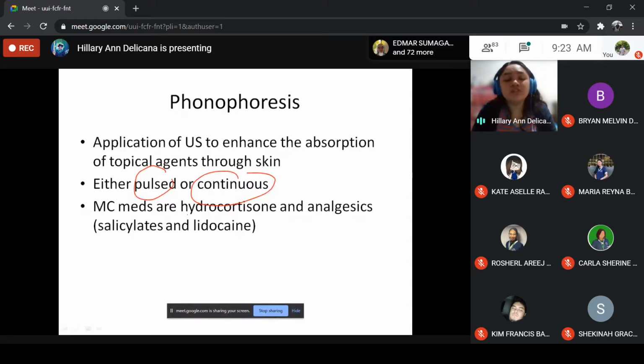The most commonly used meds are hydrocortisone and some analgesics such as salicylates and lidocaine. Especially for patients with acute pain, they are usually prescribed topical analgesics that can be used for phonophoresis. And then you can mix this with your aqueous solutions, your aqueous gels, and then perform ultrasound.